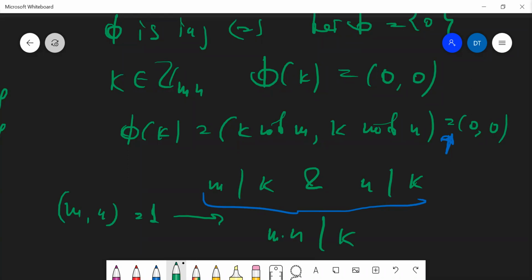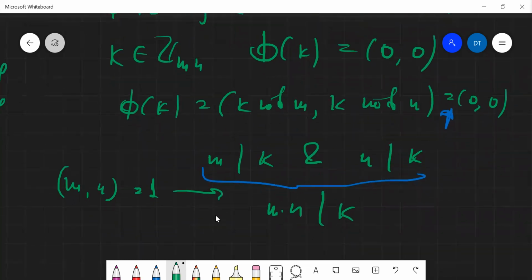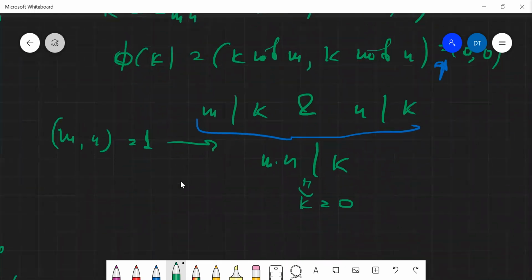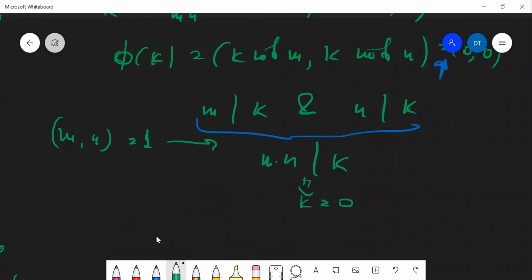But k is a remainder modulo m times n, and it's divisible by m times n. So there is only one option here: k must be 0. All other remainders are not divisible by m times n. So if k belongs to the kernel, then k must be 0. We have checked that the kernel consists of the neutral element only, so the map is injective.